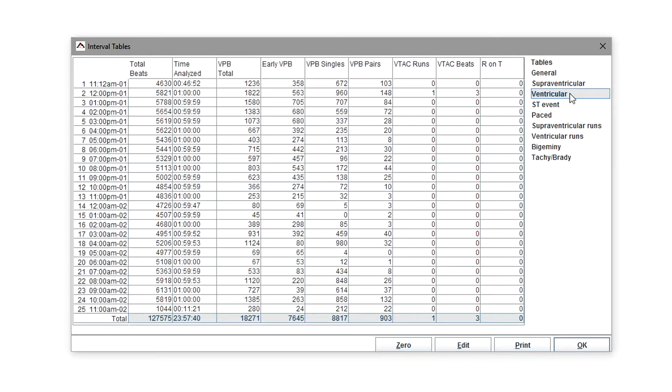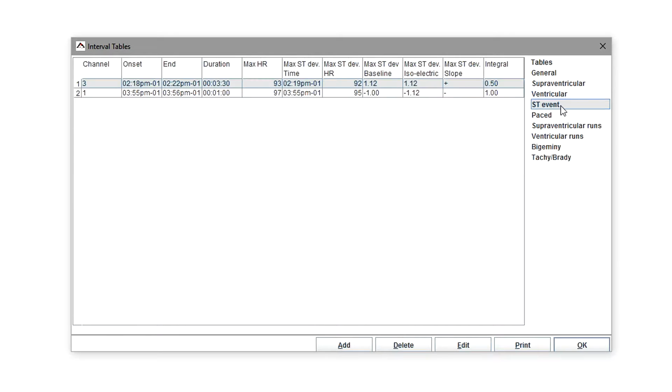This also excludes artifact, the total number of VPBs counted, the number of early VPBs, that is, single VPBs that occurred at least as early as the VPB presetting in scanning criteria, the number of single VPBs, that is, those that did not qualify as early VPBs, the number of VPB pairs, the number of runs of VTAC, the number of VPBs that occurred in runs, and the number of R-on-Ts. See Appendix A for this definition.